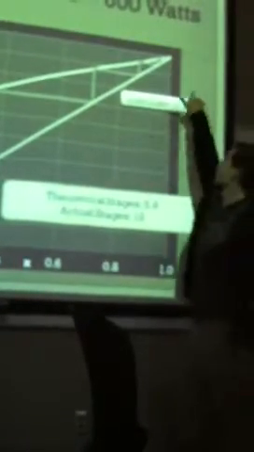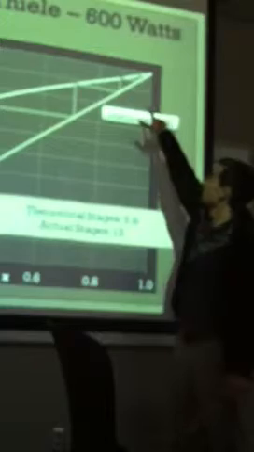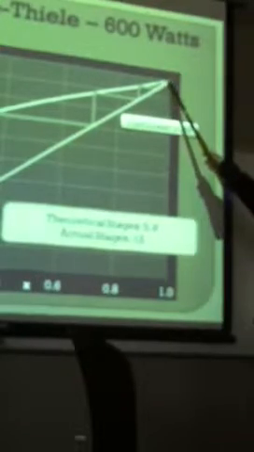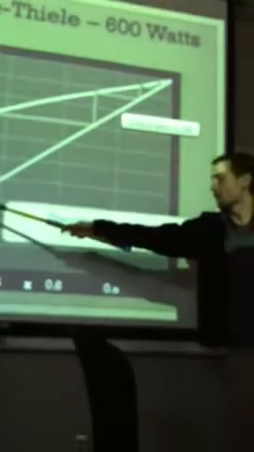So if we start up at the top and draw lines out horizontally and vertically, this tells us the number of trays we have. We go from that bottom mole composition of methanol to the distillate mole composition of methanol. So counting this, it's 1, 2, 3, 4, 5, 5.8.